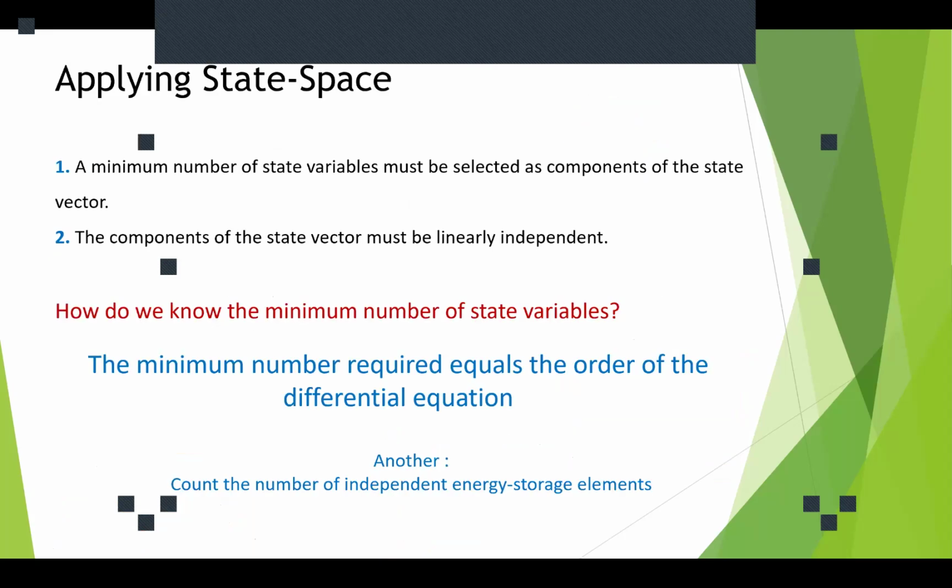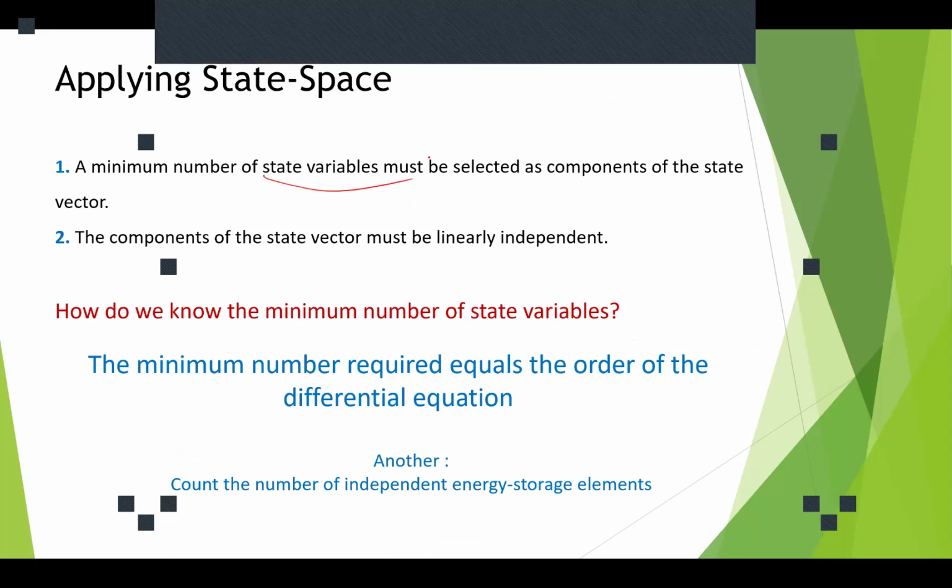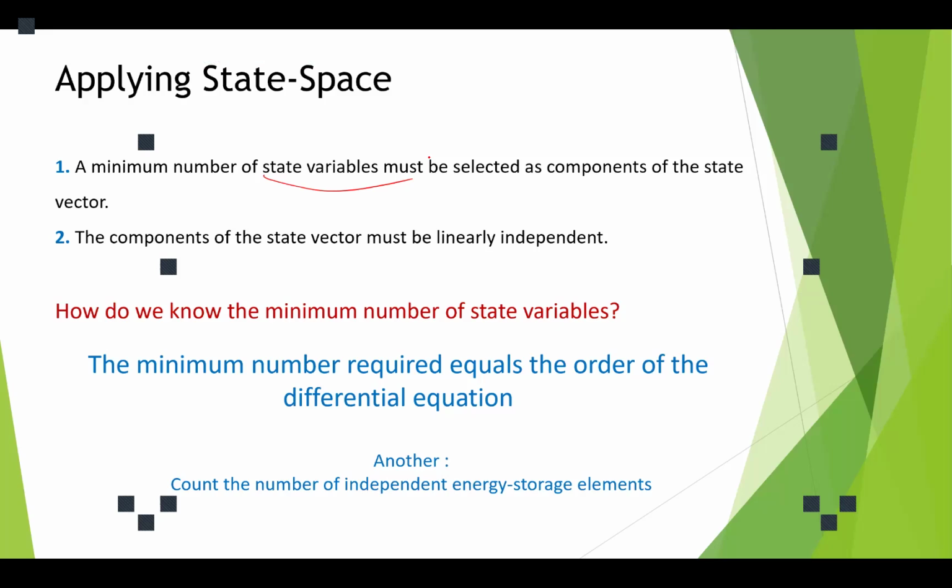Now, we have to have a minimum number of the state variables. Okay, I have to fix, I made a wrong statement. If we have an nth order system, we have n independent variables. You are gonna see why.